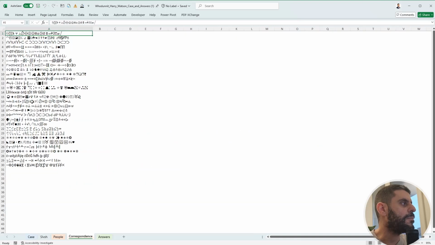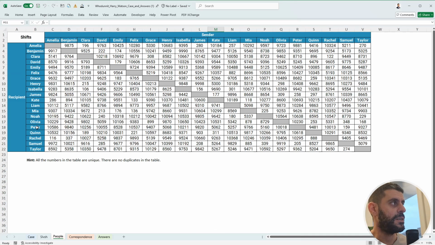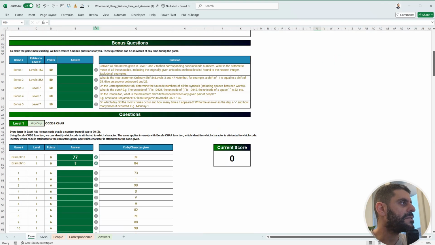Introducing also some weird symbols that you can see here, for example, this is for level 7. And the concept of sender and receiver of the messages that will encrypt the words using specific codes. Having said that, let's go into the solve.